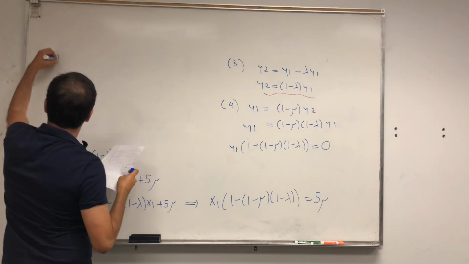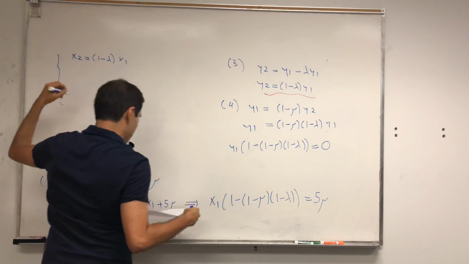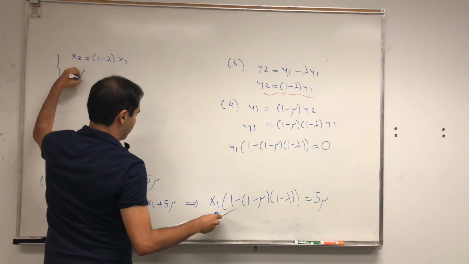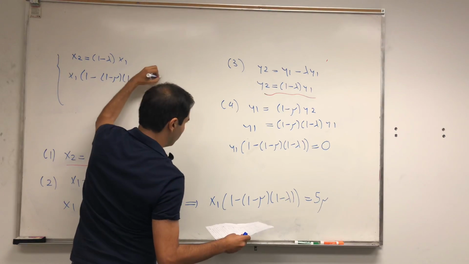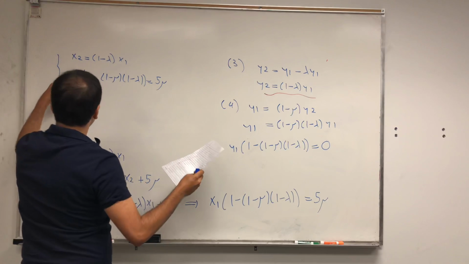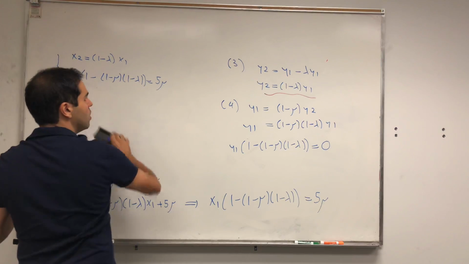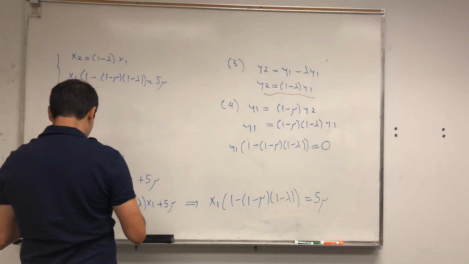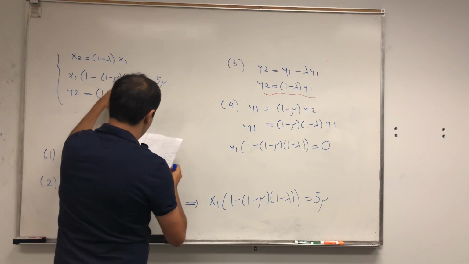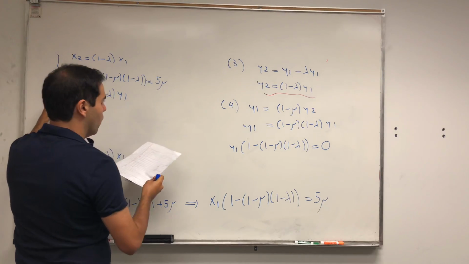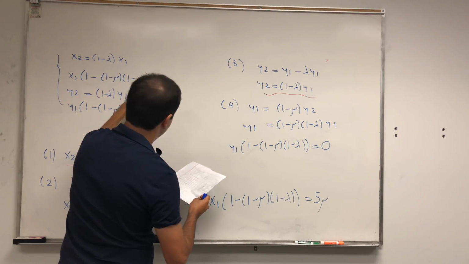So we have x2, it's (1 minus lambda) x1. x1 times this factor, (1 minus nu)(1 minus lambda), equals 5 nu. y2 equals (1 minus lambda) y1, and y1 times (1 minus nu)(1 minus lambda) equals 0.